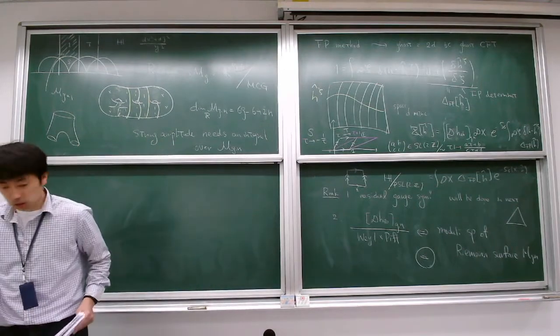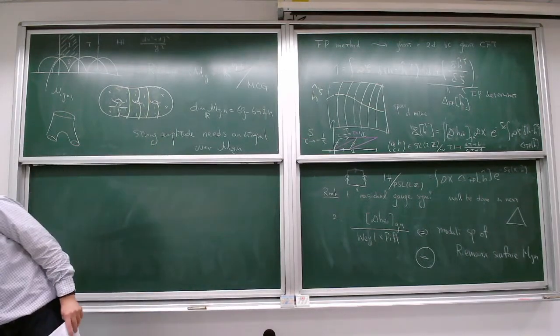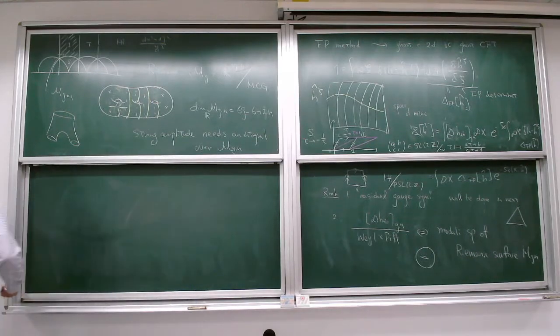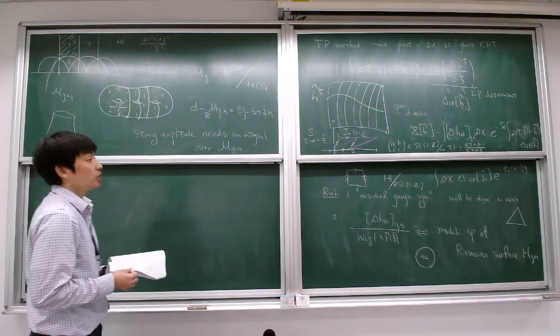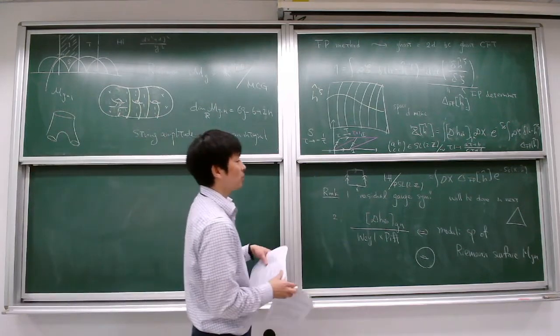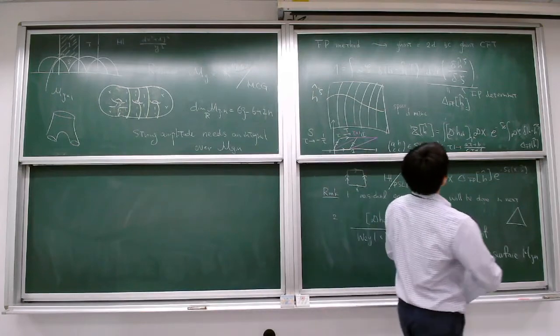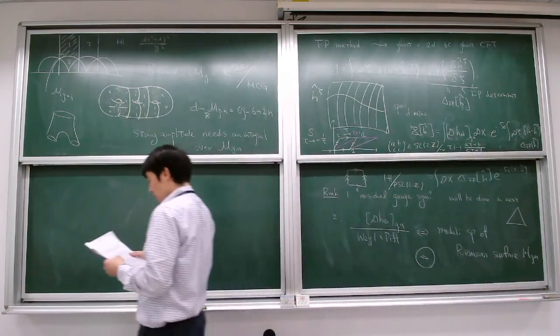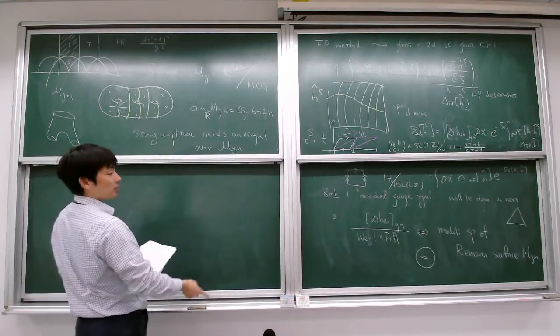So where was the chalk? Oh, yeah. So let's treat the Faddeev-Popov ghost. To treat the Faddeev-Popov ghost, let's first determine the explicit form of this determinant. To do that, we just start with, oh, I already erased it.